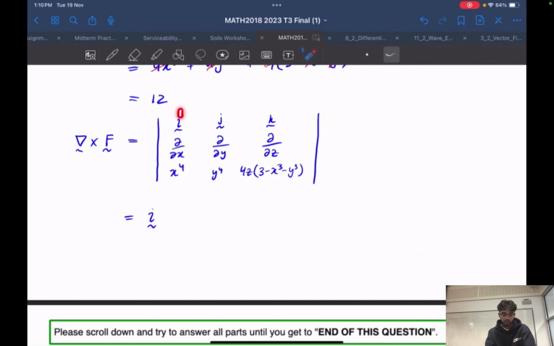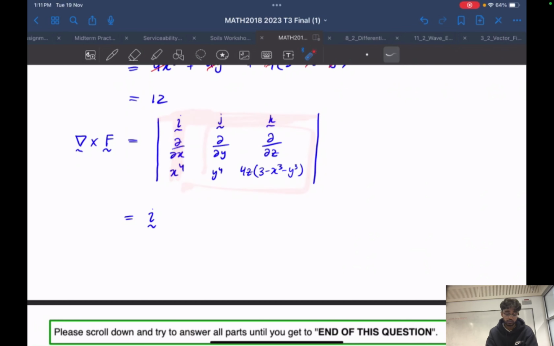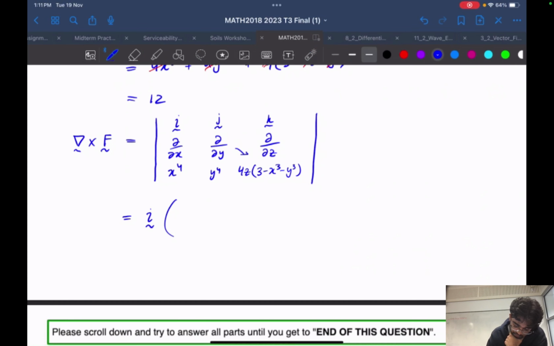So finding the determinant of this 2 by 2 matrix, you do this multiplied with this minus this multiplied with this. I'll quickly show you what I mean.